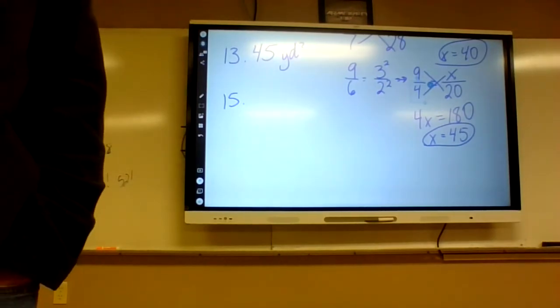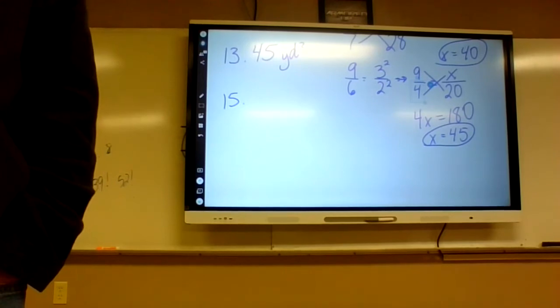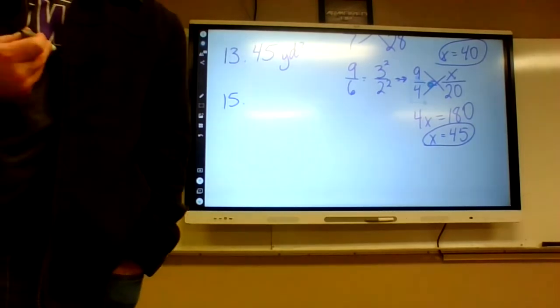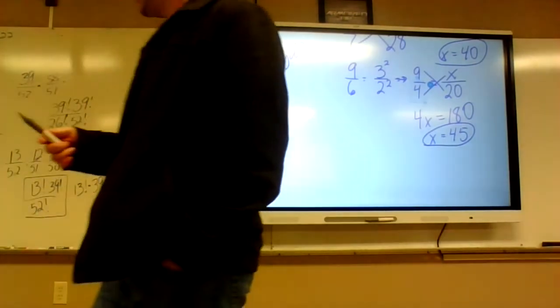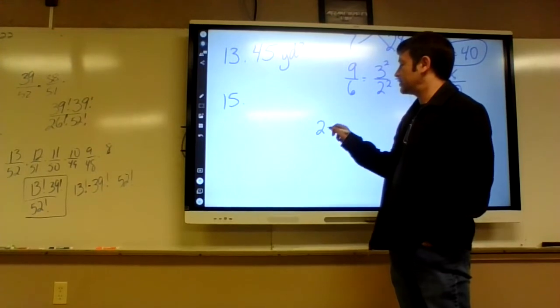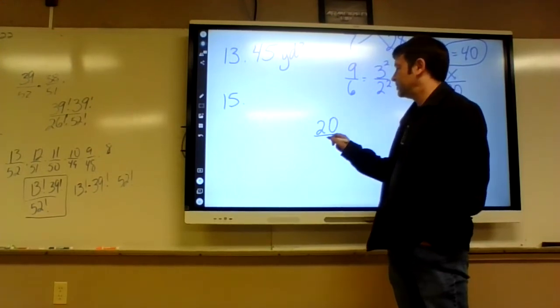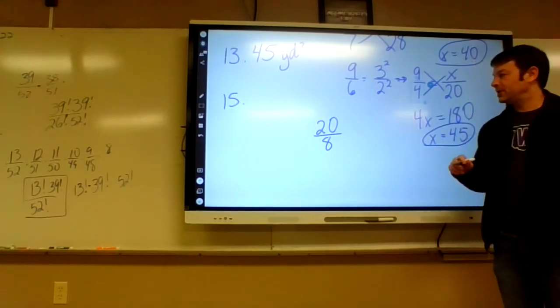Number 15. Find the area of a 20 centimeter long rectangle if a similar 8 centimeter long rectangle has an area of 48. So they're telling us the lengths of the rectangles are 20 and 8. So that's the similarity ratio. You guys know what 20 and 8 reduces to?